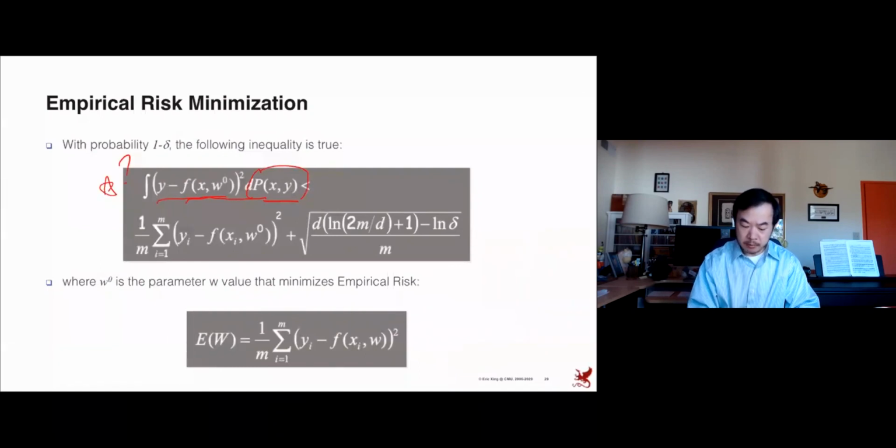Based on these two known terms, one is the empirical error, which is based on training examples, and the other is a confidence interval that is based on the sample size and also the VC dimension.